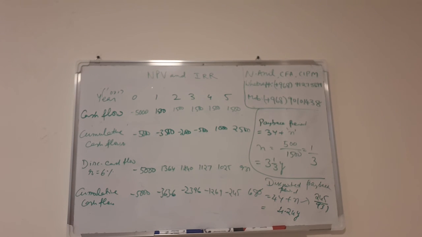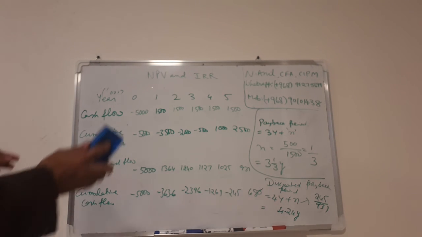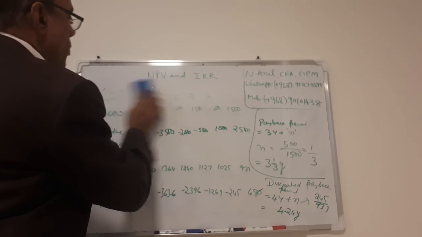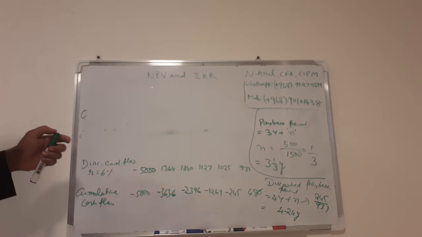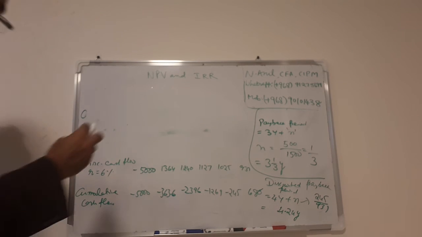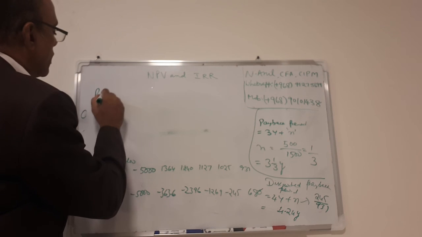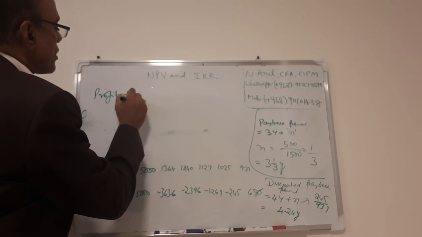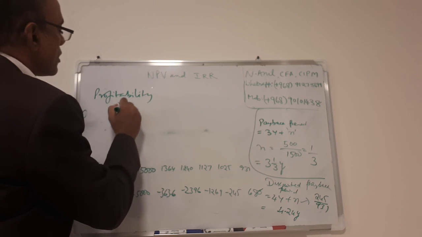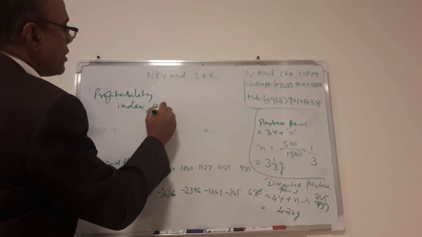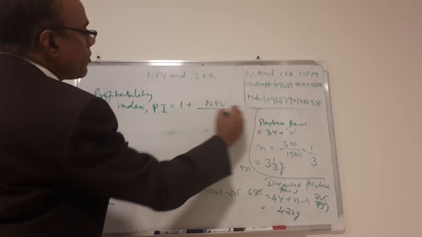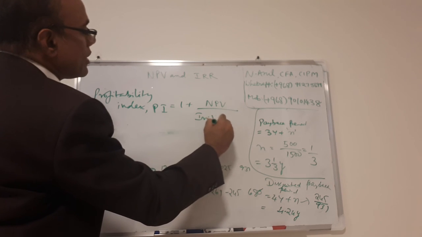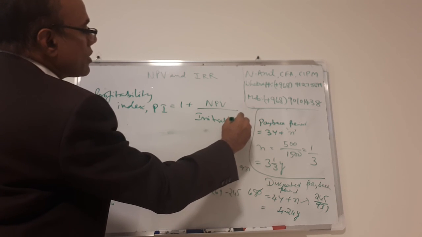And there is one more thing which is called the profitability index. Profitability index of a project. So that is defined like this. Profitability index, PI, is equal to 1 plus NPV divided by initial investment.